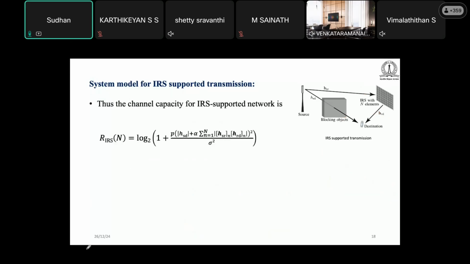I'm not deriving all of this in detail, but you can get that the rate will be this one.